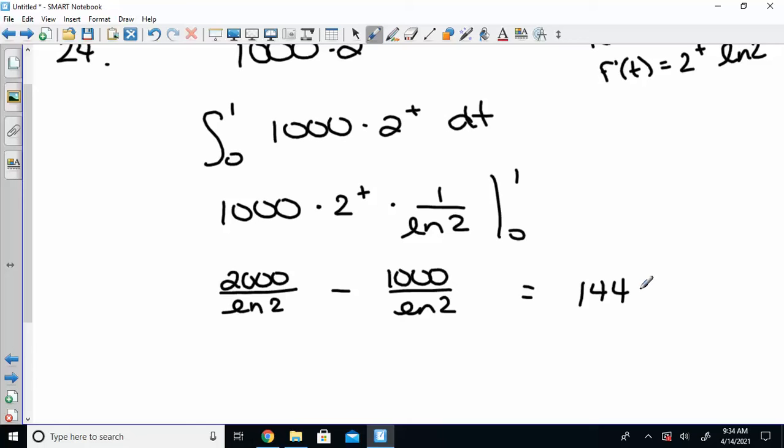We would probably round to the nearest whole number because we're talking about a population. You can't have a partial one. But this is not the correct answer. I asked for the population after 1 hour. That represents the amount the population has changed. So we have added 1,443. But how many did we start with? 4,000. So if you add your 4,000 to that, we get 5,443 bacteria.